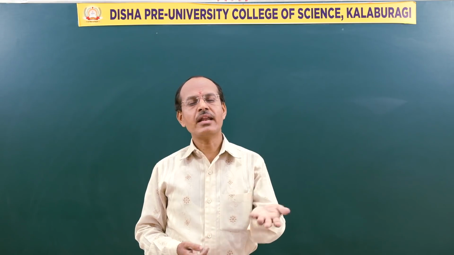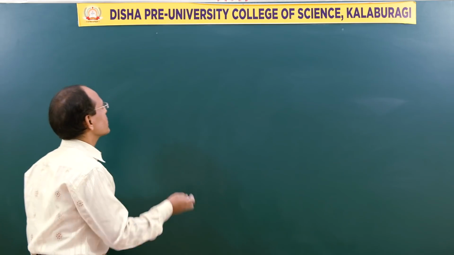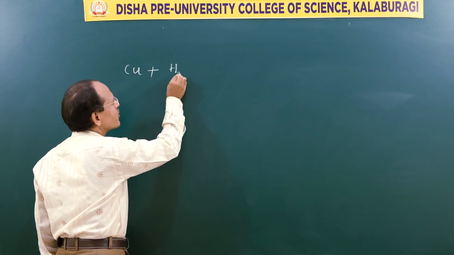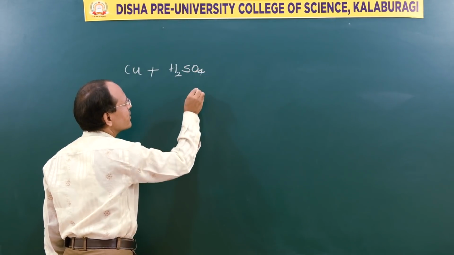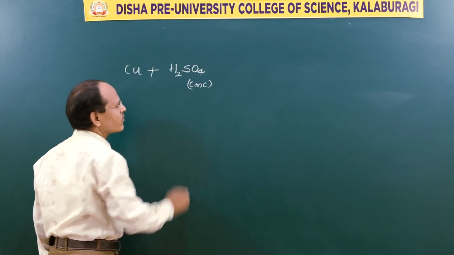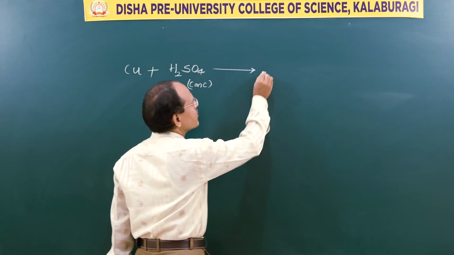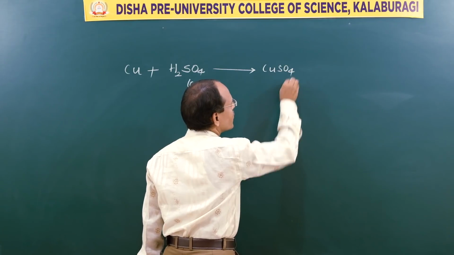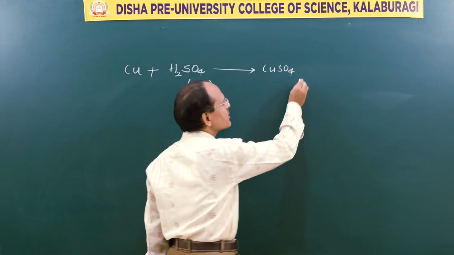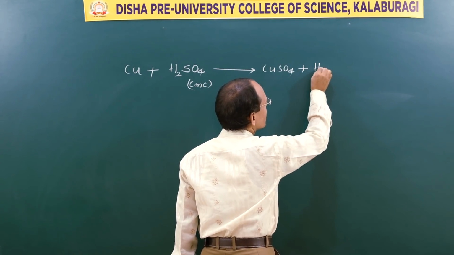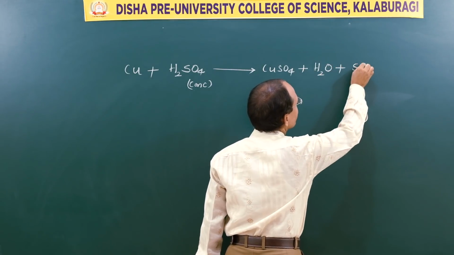Okay students, today we'll see how to balance the equation with a few more examples. First, we'll start with the simplest example: copper made to react with concentrated sulfuric acid, where concentrated refers to without water, giving rise to CuSO4, copper sulfate, plus water plus sulfur dioxide.